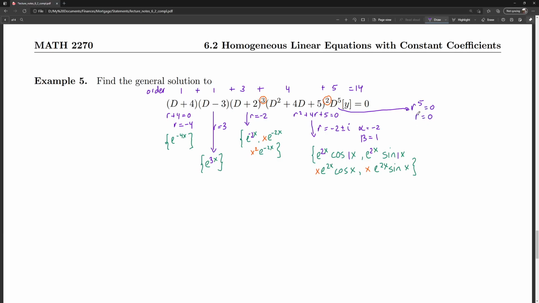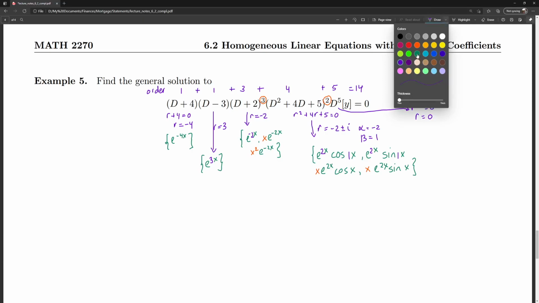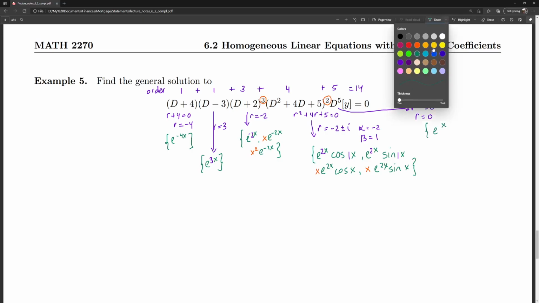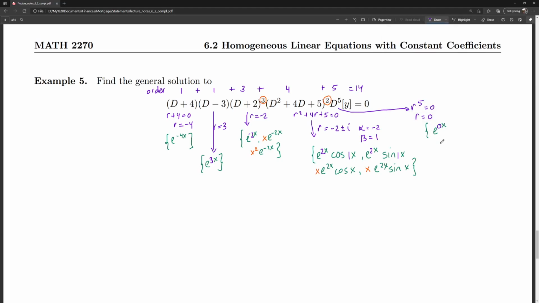But keep in mind that this has multiplicity 5. So with r = 0, the basic solution is e^(0x), which simplifies to just 1.